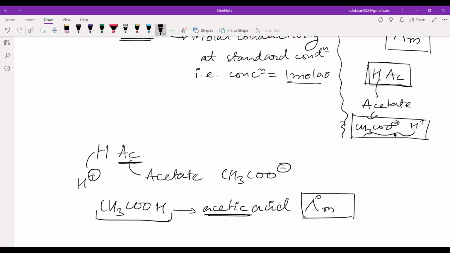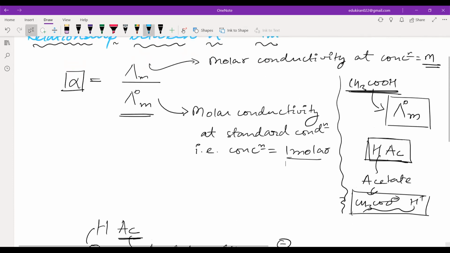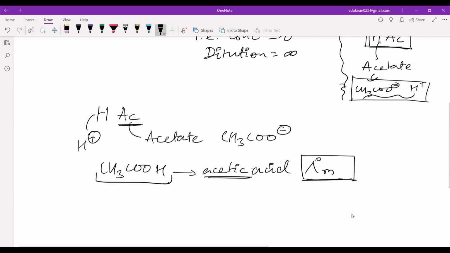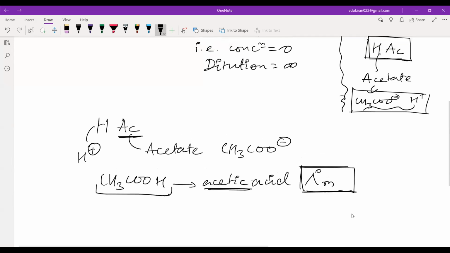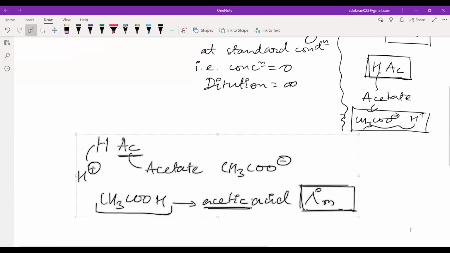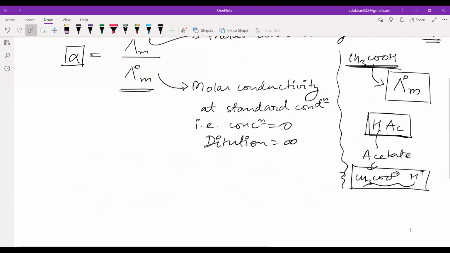Oh, sorry, this is not 1 molar concentration. Concentration will be 0; dilution is infinite. Now, we calculated the limiting molar conductivity of acetic acid. After that, please write a note here.